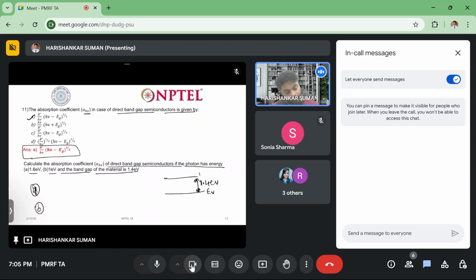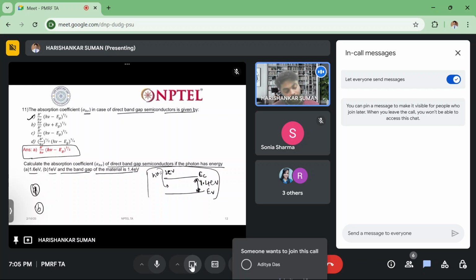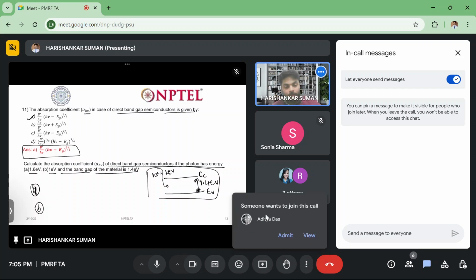This is valence, this is conduction. Let's say you have a photon with energy h nu equal to 1 eV. Can this photon be absorbed by this material? Yes or no?